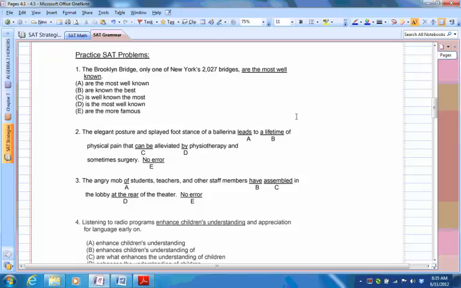Okay, so hopefully you pause the video and work these out. If we look at this one, you're talking about the Brooklyn Bridge, and you see the preposition, only one, so it's singular, so it should be is. And so A and B are out, as well as E. C is a bit awkward, so I'll go D on that one, is the most well-known. So you go through process elimination when you approach these kind of questions.